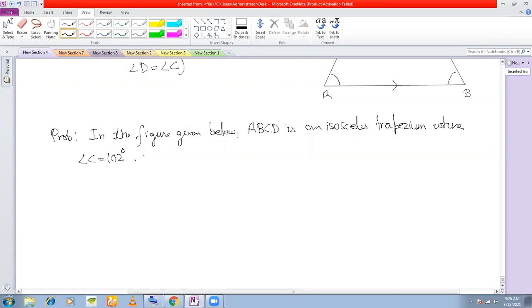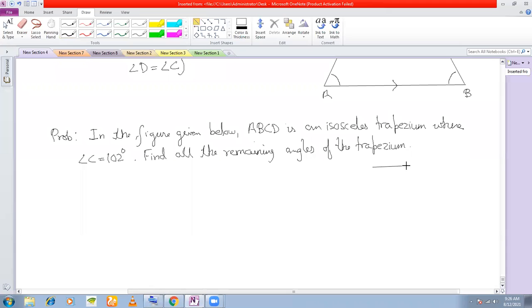Find all the remaining angles of the trapezium. So only one angle is given.